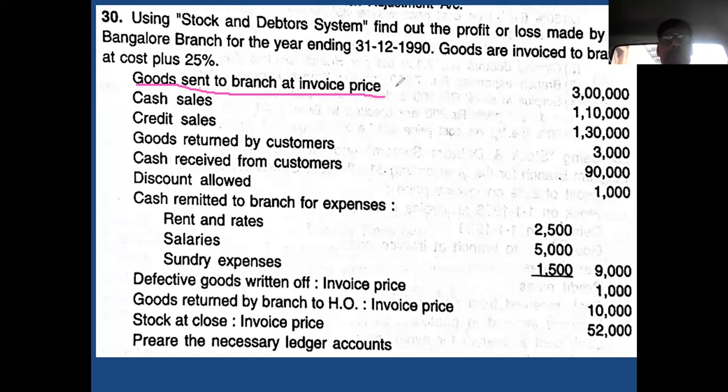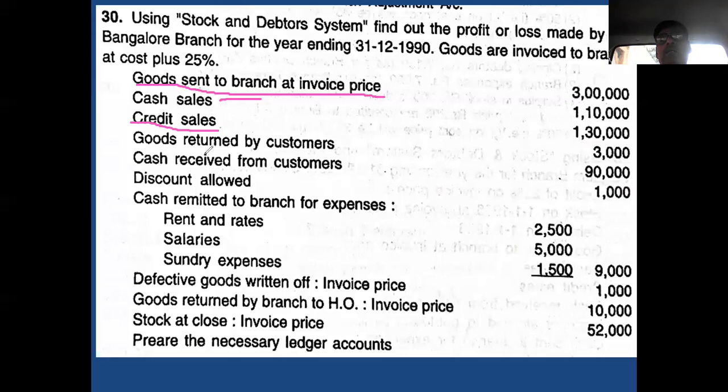Okay, remember this. Next is cash sale. Cash sale is the first item on the credit side of the branch stock account. Credit sale is the second item on the credit side, written as by debtors account.